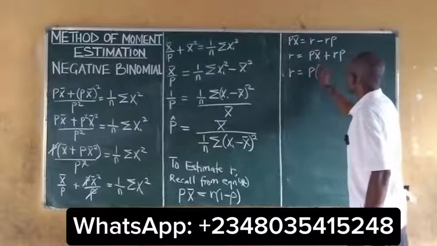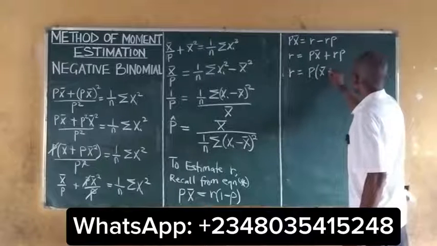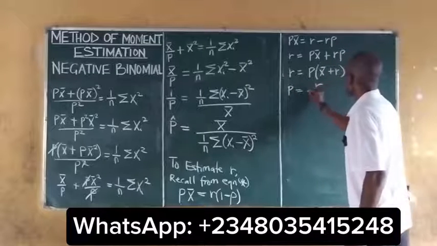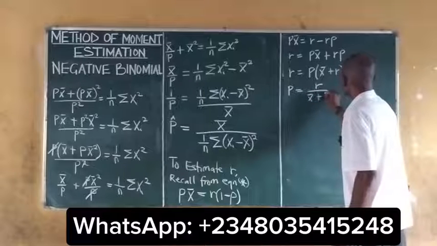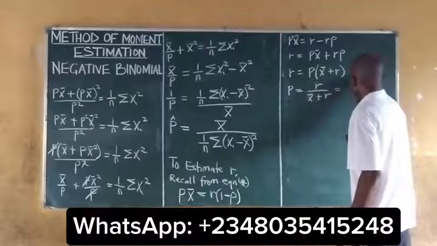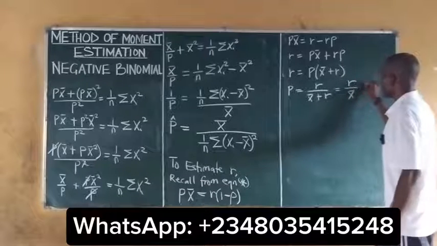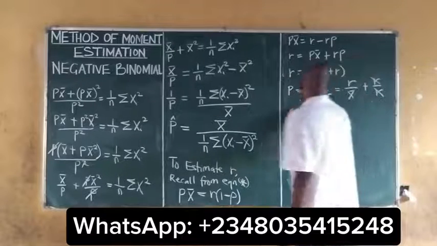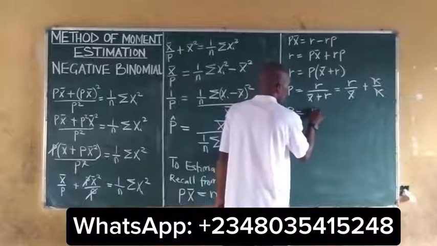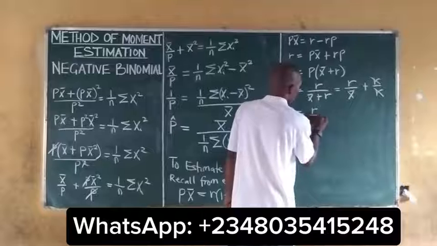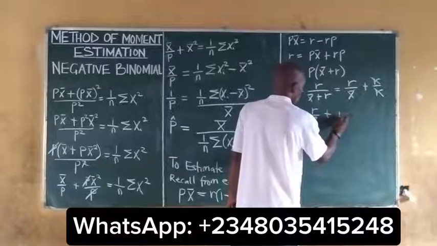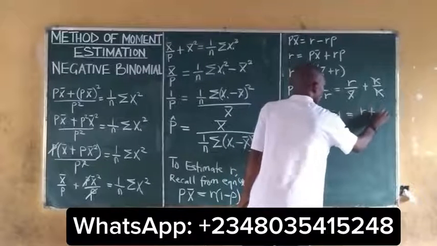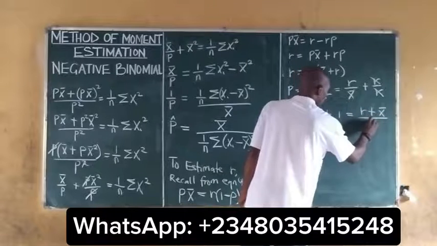We can make P the subject: P is equal to R all over X bar plus R, which is the same thing as X bar plus R all over R. For this to cancel this, to give us 1, we now have P equal to R all over X bar plus 1, which is the same thing as R plus X bar all over X bar if we generalize it.